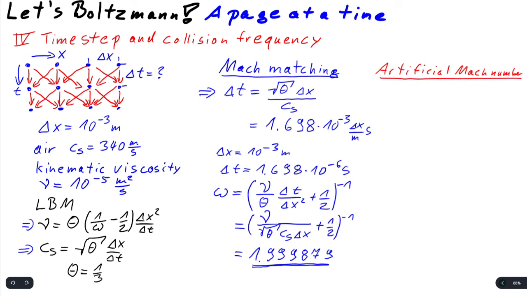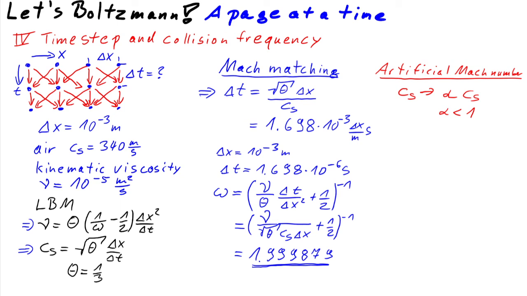So in the artificial Mach number, we say that we replace the physical speed of sound by a scaled speed of sound, so scaled alpha cs, where alpha usually is smaller than 1.